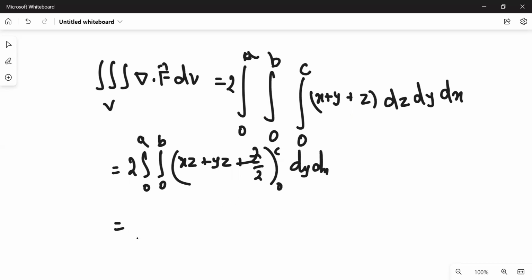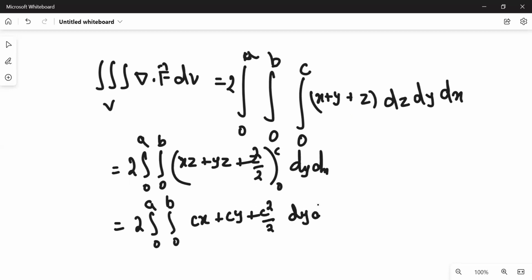Applying the upper limit c on z and the lower limit 0 on z, it is cx + cy + c²/2 for the upper limit; for the lower limit 0 on z, all the terms have z, so everything becomes 0. Then dy dx. Again, integrating with respect to y, it is 2 times the integral from 0 to a of cx becoming cxy on integration with respect to y.